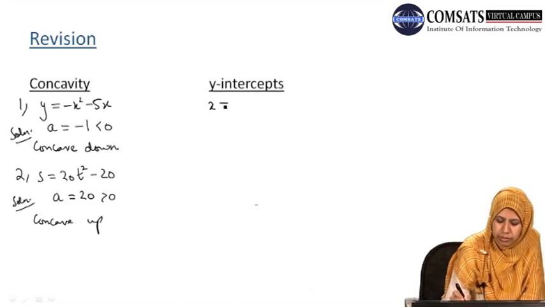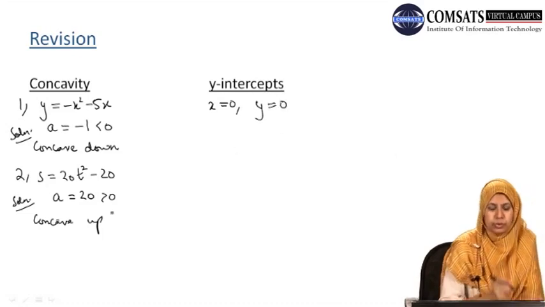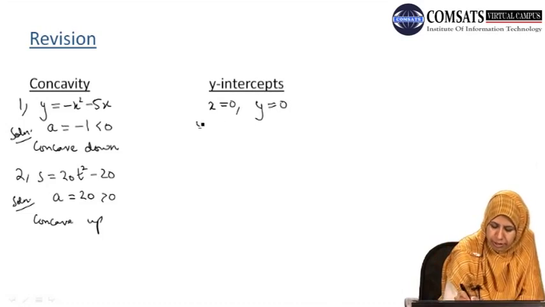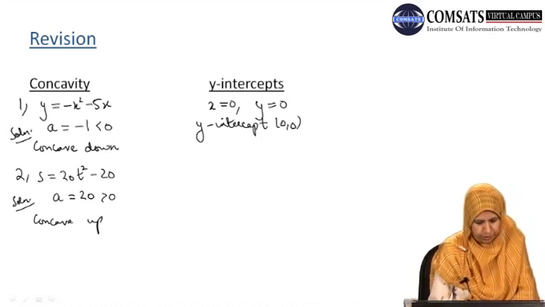So by putting x equals to 0, we obtain that y is actually equal to 0, which means that our y-intercept in this case will be nothing but the origin (0, 0).